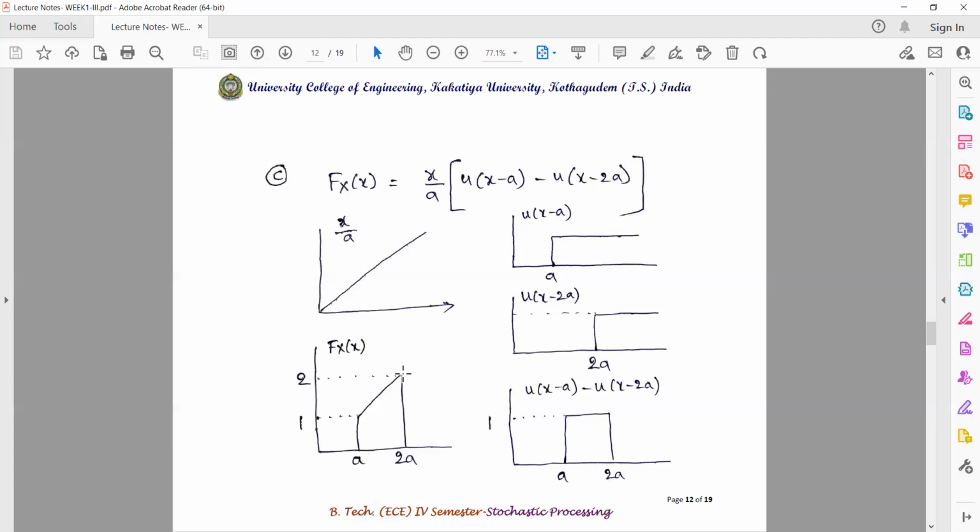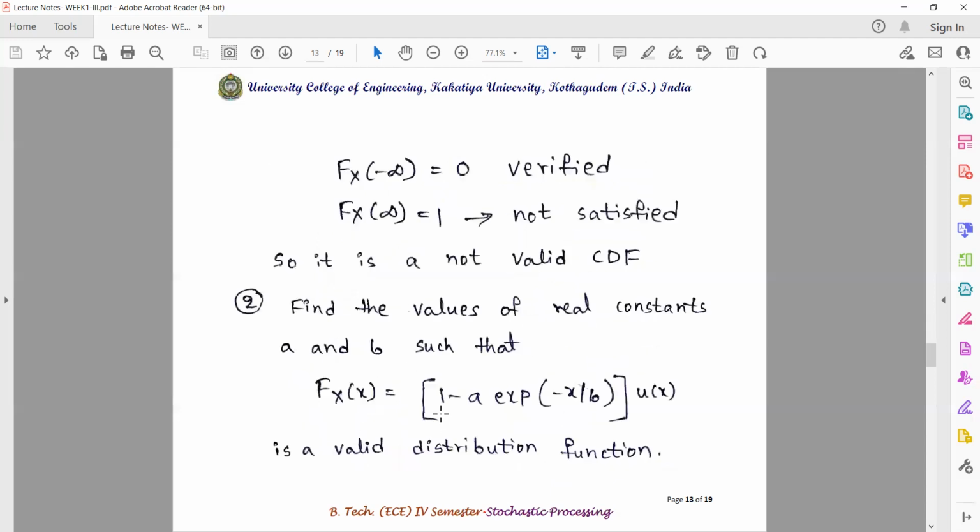From the properties, we can establish this fact. So fx of minus infinity is 0, verified. Fx of infinity is 1, not satisfied. So it is not a valid CDF function.